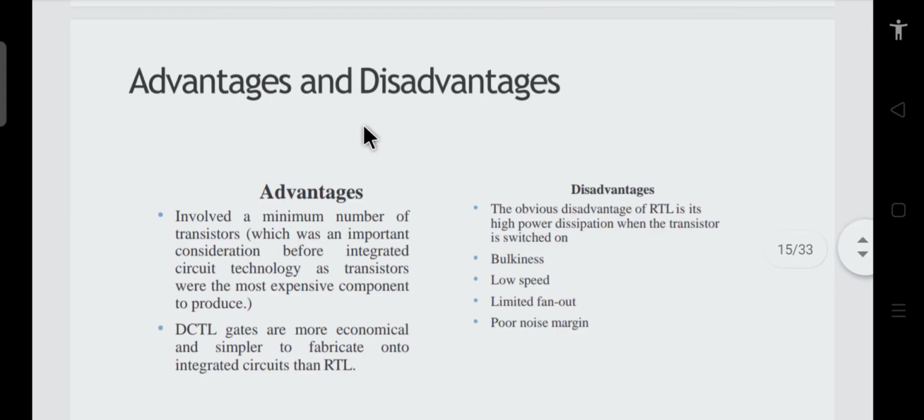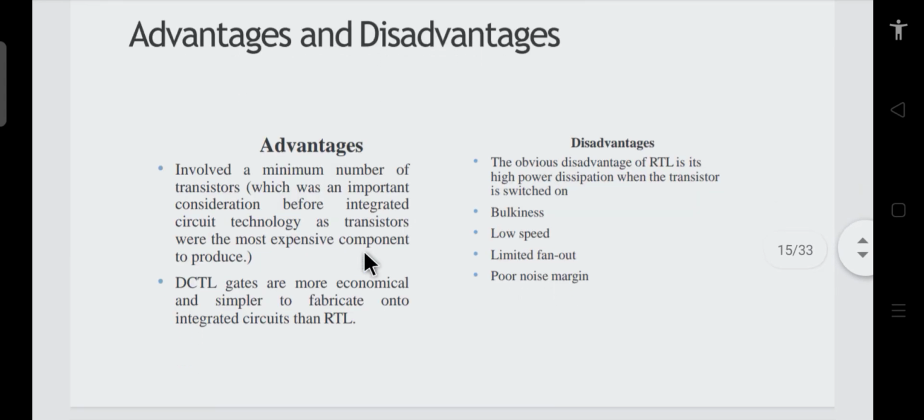The advantage is that it involves a minimum number of transistors.